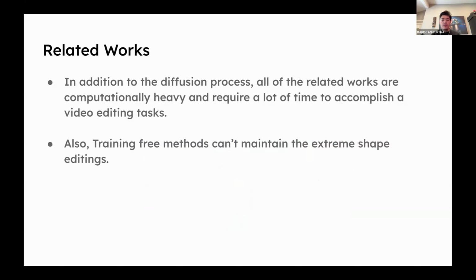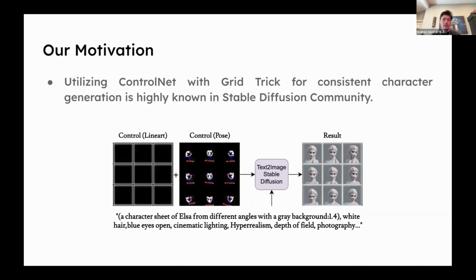And also, training-free methods can't maintain extreme shape editing, and therefore we try to find a way to do video editing in zero-shot, training-free, and also able to handle extreme shape editing. So our motivation starts from utilizing ControlNet with the grid trick for consistent character generation, which is highly known in the Stable Diffusion community.